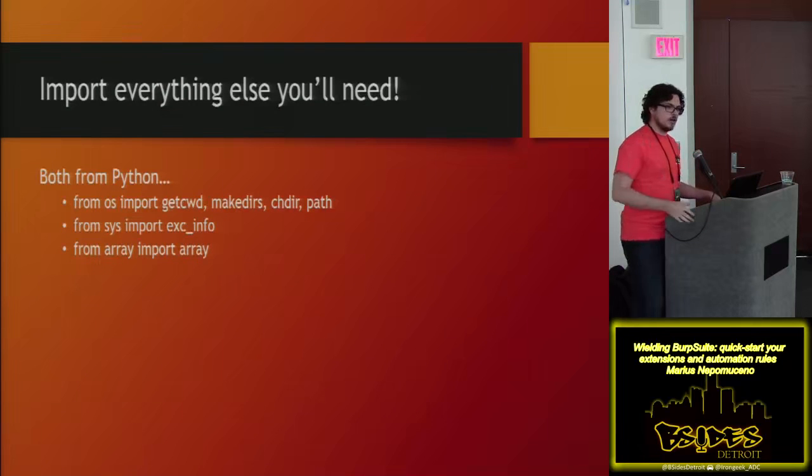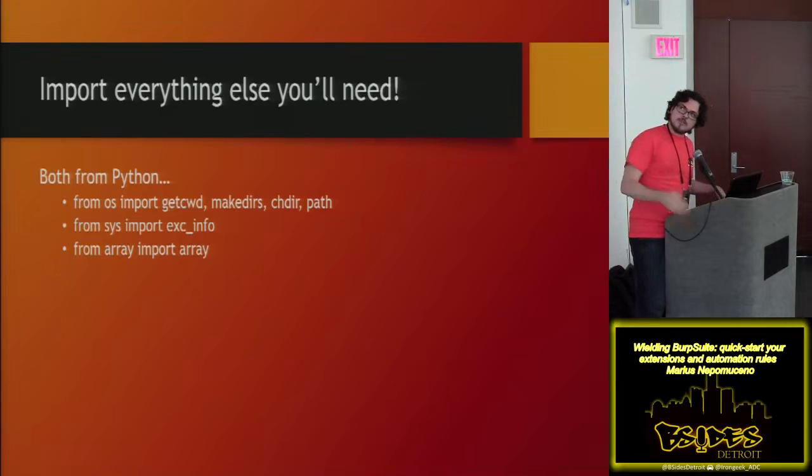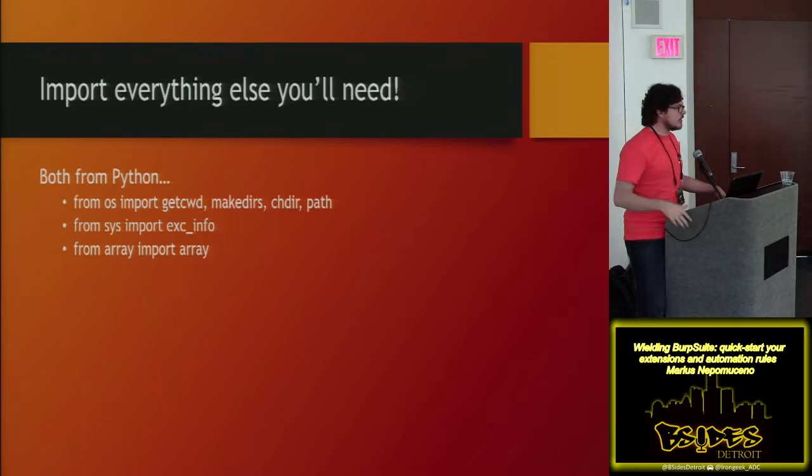After you're done importing all of the BurpSuite interfaces, import everything else you need, either from Python, so do your from os import getcwd, makedirs, chdir, path for directory operations. From sys import exc_info, that's good for debugging and outputting messages about your extension.